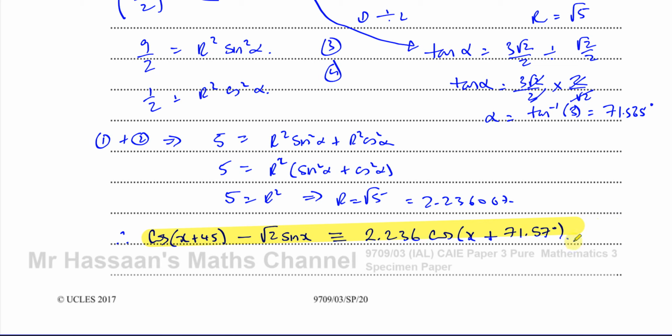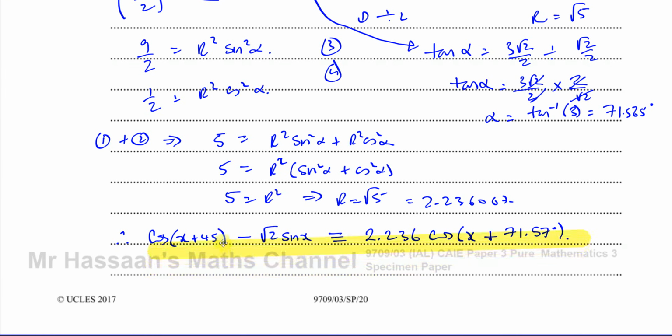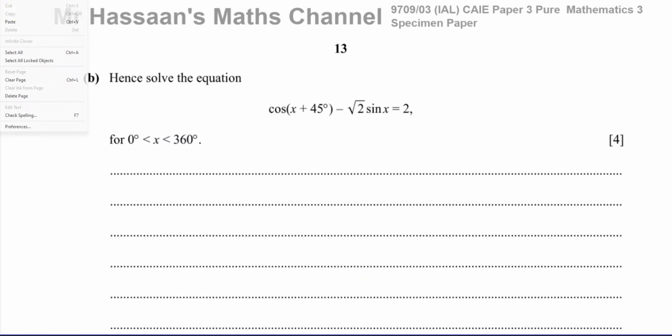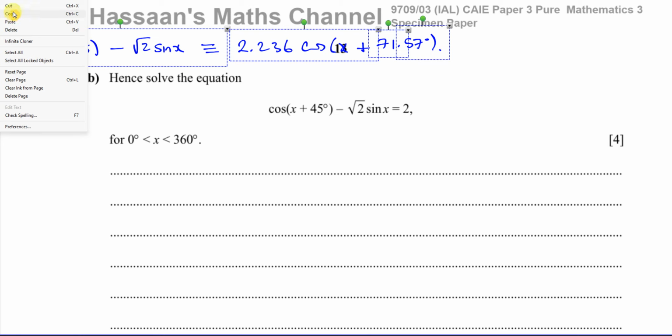Now I'm going to copy this, and we'll use it probably in the next part of the question. So if we go to the next part of the question, I'll just paste this up here somewhere.